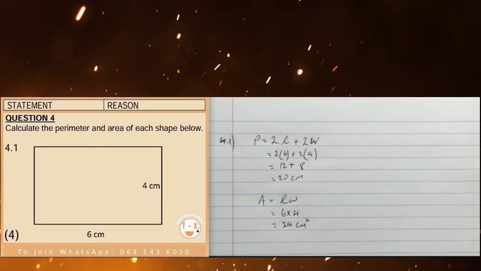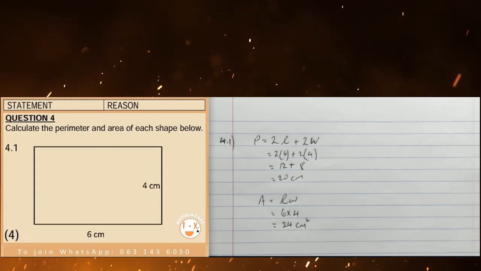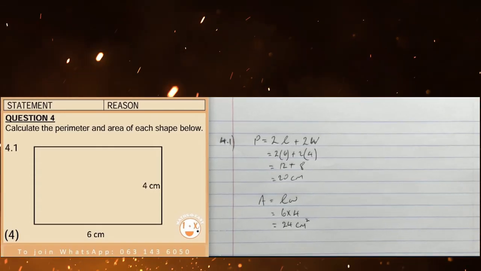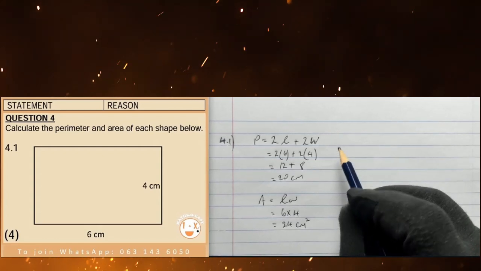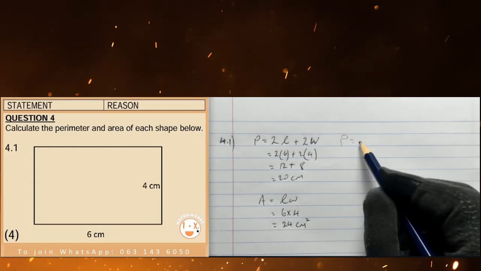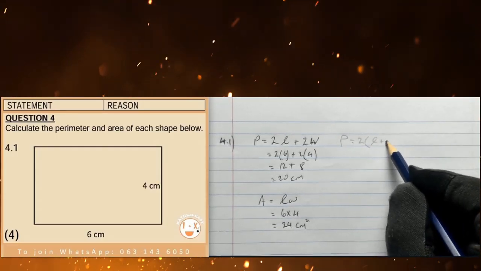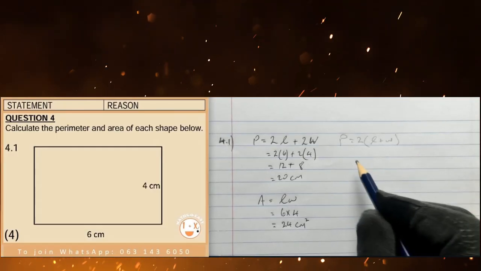What else? Let's see. Yeah, this is the other part that I wanted. Somebody says, our ma'am showed us that P is equal to 2 times (L plus W), or L plus B, same thing.